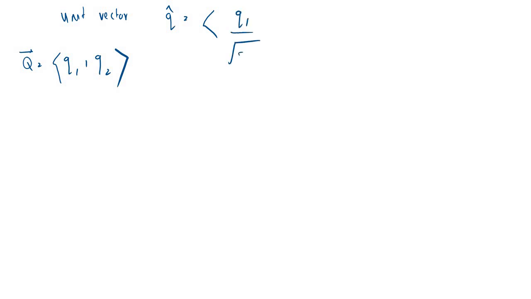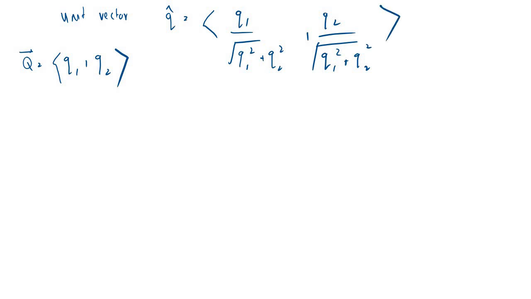The next thing we'll talk about is the unit vector. The unit vector of Q, which we denote by Q hat, is as follows. We know that vector Q is given by Q1, Q2, then the unit vector of Q is Q1 over the square root of Q1 squared plus Q2 squared, and Q2 over the square root of Q1 squared plus Q2 squared.